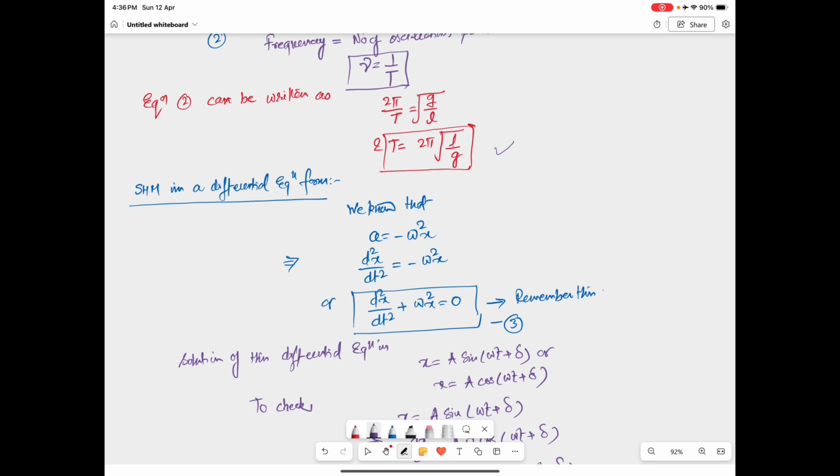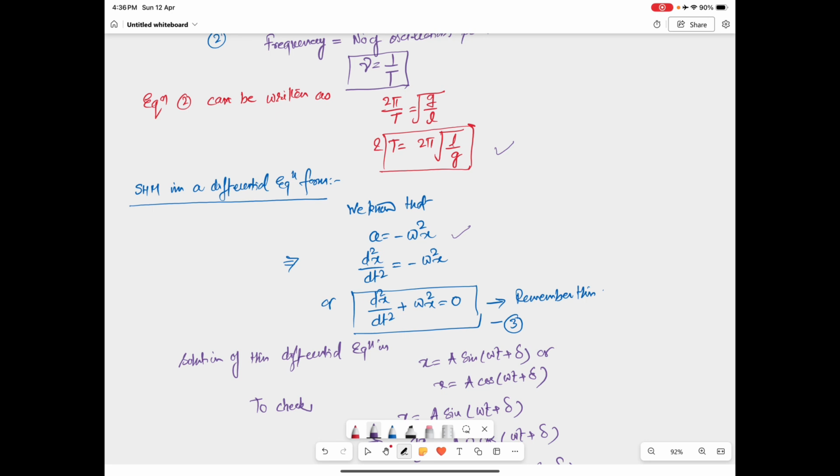I am now explaining with the help of a differential equation. If a differential equation is there, how do we understand that it's a simple harmonic motion? We know that A is equal to minus omega square x. A is nothing but acceleration, which we know is the double derivative of the displacement. So d2x by dt square is minus omega square x.